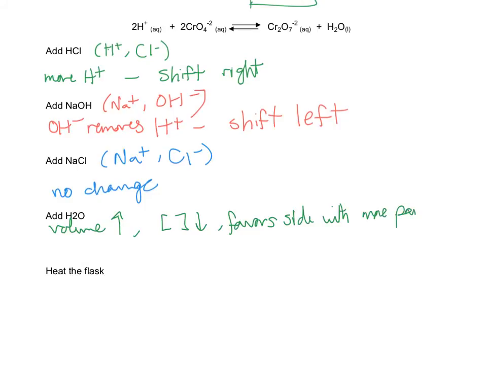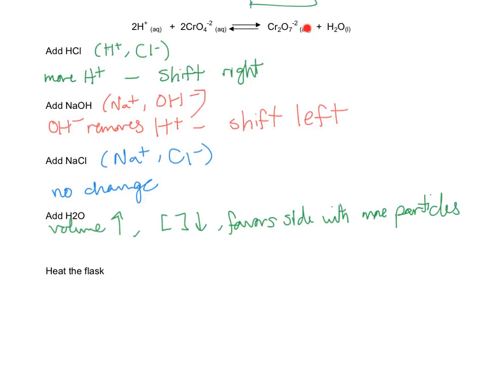And when we say favor side with more particles, we're talking about either gas particles or ions, not water, not liquids or solids. Those are not taken into consideration when you're talking about equilibrium. And so if you look at your reaction, we have 4 particles, 4 ions on the left.